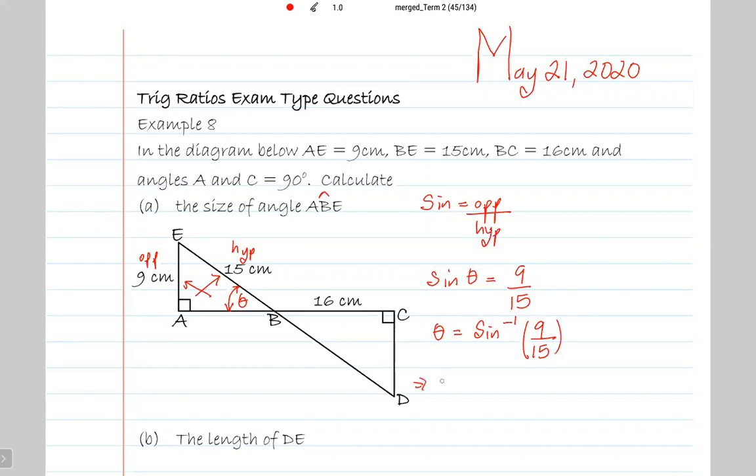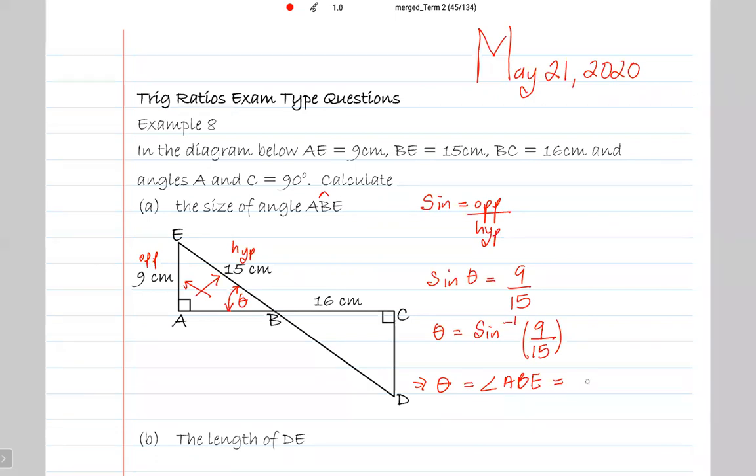And so theta, which is angle ABE, which is what we're asked to find, is equal to, so I'm using my calculator now. I'm going to press shift, then sine, open bracket, 9 divided by 15, close bracket, and then press equal.